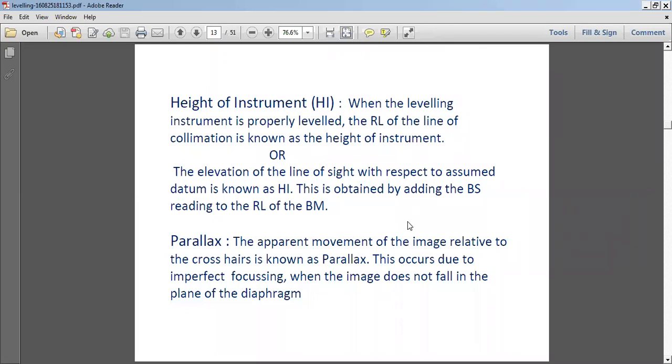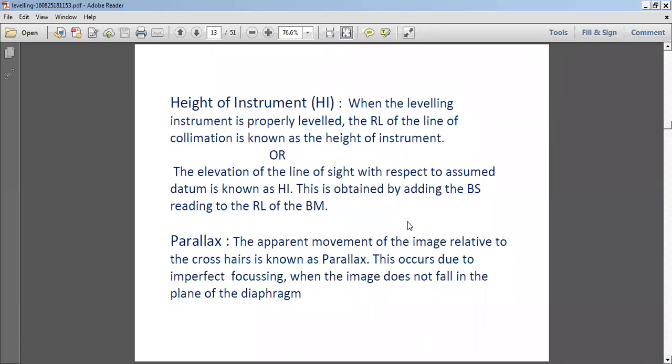In the last lecture we already discussed leveling work and some terms used in leveling works. So next is height of instrument. Basically, it is the height of the instrument that we use to take the RL of different points.